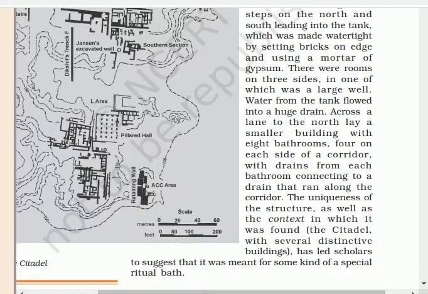The Great Bath was used for specific occasions. That was why it was built with bricks on edge, using a mortar of gypsum to lay down the bricks, to attach the bricks with each other and to prevent leakage.